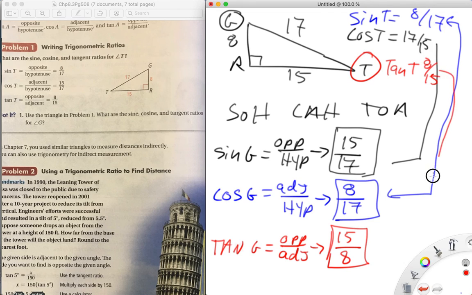And tangent of T is the inverse, reciprocal. It's the inverse of tangent of G. So sine of G is the same thing as cosine of T. Sine of T is the same thing as cosine of G. They have these relationships with each other. So keep that in mind.